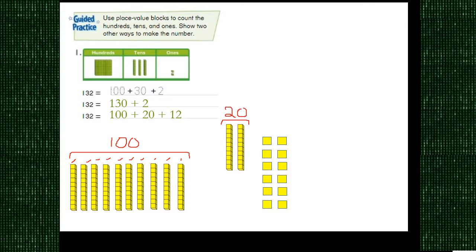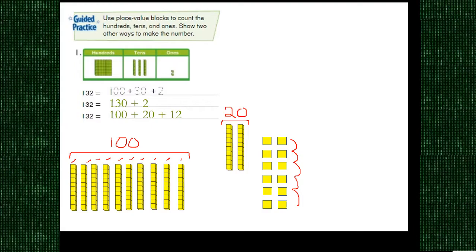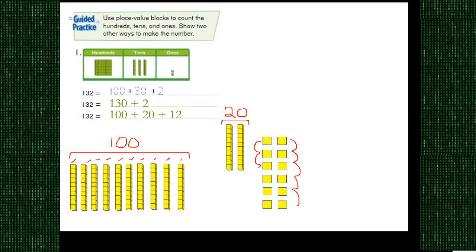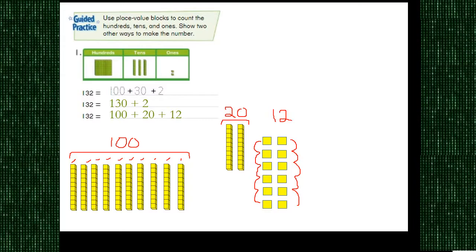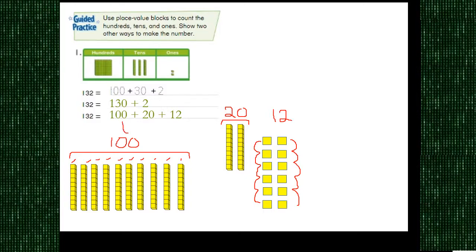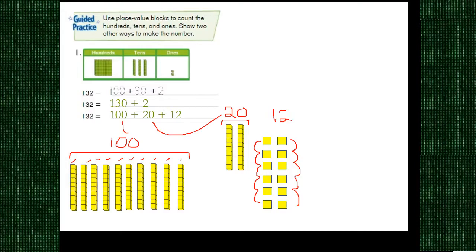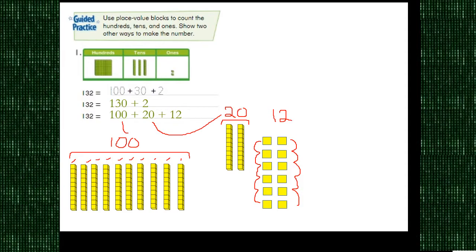And now 1, 2, 3, 4, 5, 6, 7, 8, 9, 10, 11, 12. I've got 12 ones. In the beginning, I had 2 ones. What did I do? I got rid of a tens rod and I added more ones. Well, 100 plus 20 is 120, and 120 plus 12 equals 132.